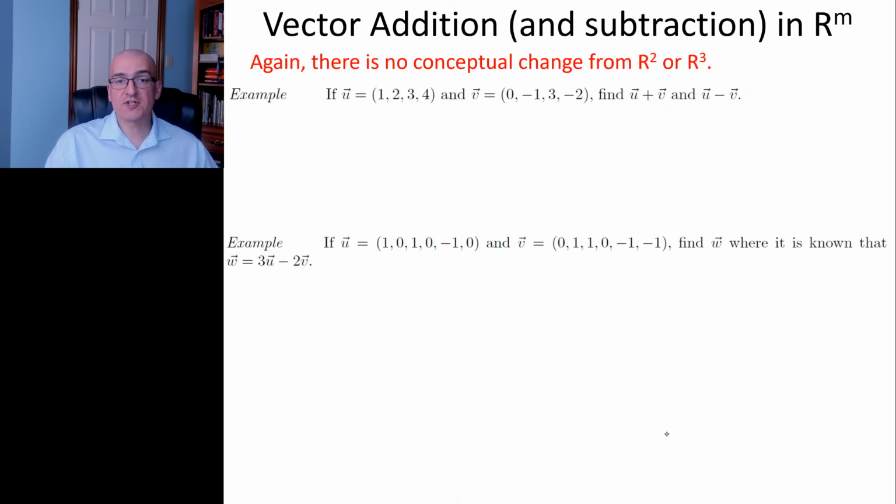For vector addition and vector subtraction, we already did an example like this, but we'll do another one. There's no change, we just add or subtract the components. So in the first example, we have a 4-component vector and another 4-component vector. We're asked to add them and we're asked to subtract them.